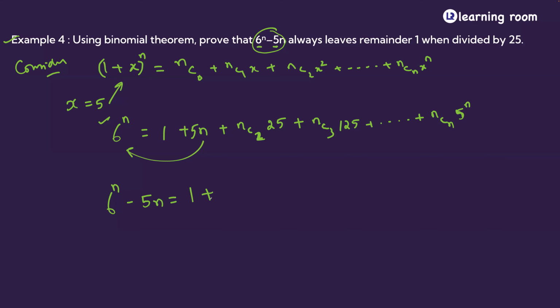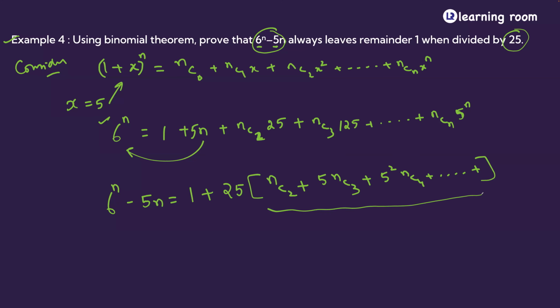Why I'm concerned about 25 is because they divided with 25. So if I take 25 outside, then I'm going to have nC2 plus 5 times nC3 plus 5 square times nC4 plus so on. It keeps going like this. So this is going to be some number, which is the quotient.